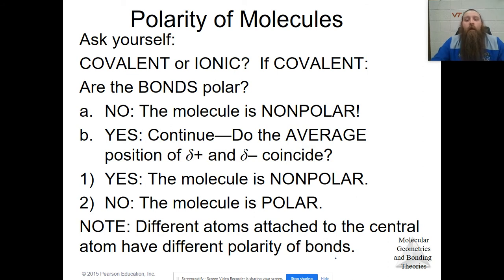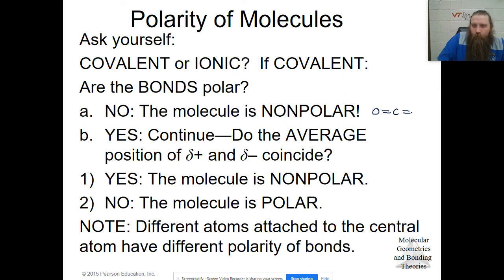Don't worry about it. If it's covalent, next question becomes, are the bonds polar? So we could use our electronegativity difference or our knowledge about the trend. If the answer is no, if you have a covalent bond and the bonds are nonpolar, you have a nonpolar molecule. If the answer is yes, then we need to look at where the partial charges are and if they coincide. What do we mean by coincide?